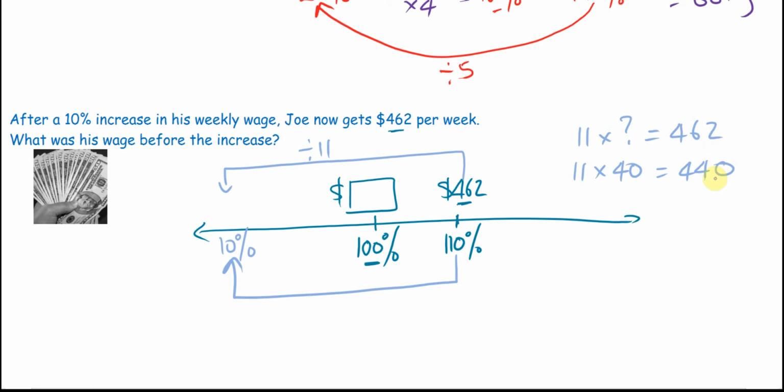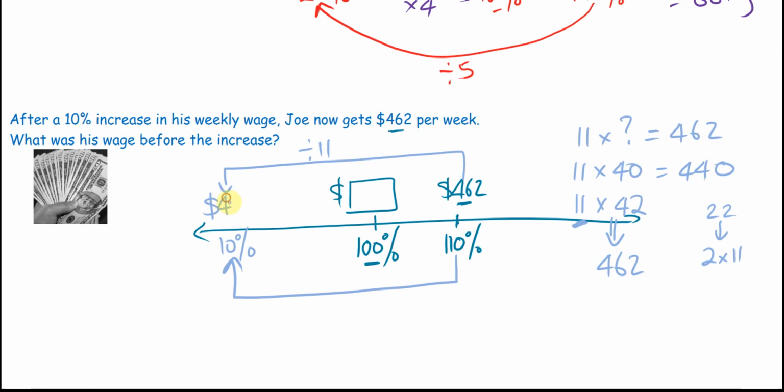That's close to 462, so I need an extra 22, which is the same as 2 times 11, so 2 more lots of 11. So if I multiply 11 by 42, then that will give me 462, which means 462 divided by 11 will give me 42.